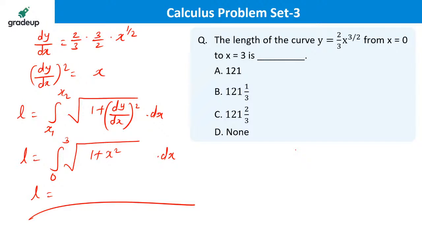Take the screenshot. Yes, completed. So the length will be x by 2 root of a square plus x square, that is root of 1 square plus x square, plus a square by 2 sin h inverse x upon 1.